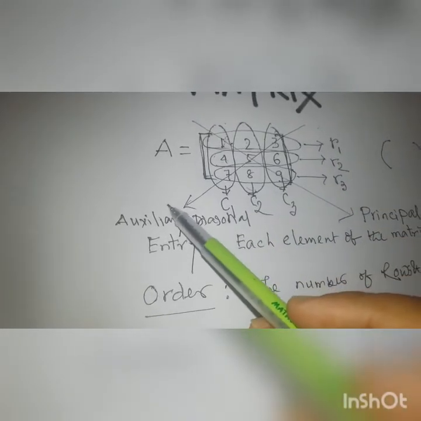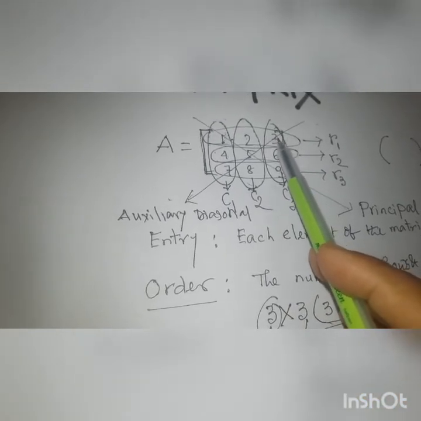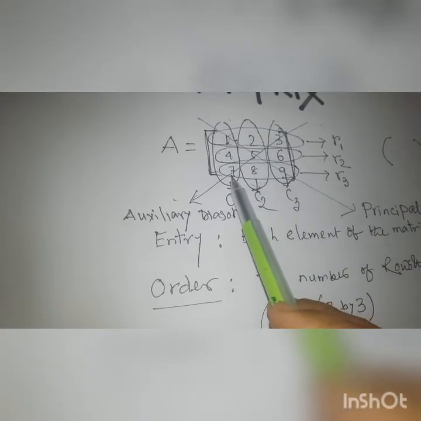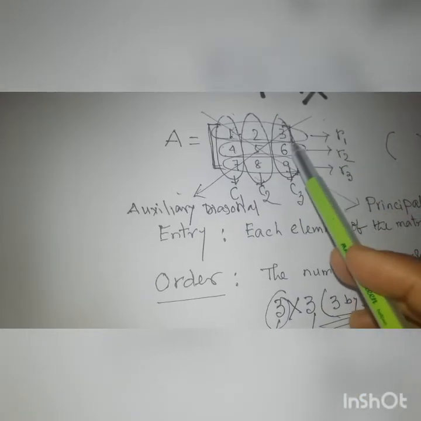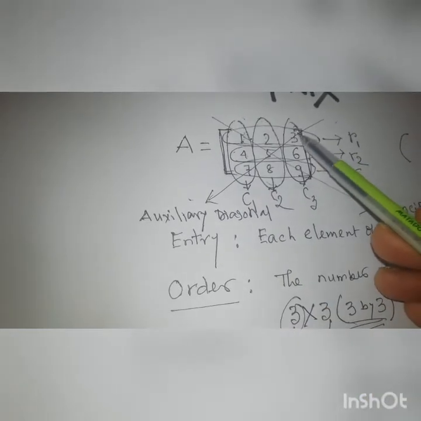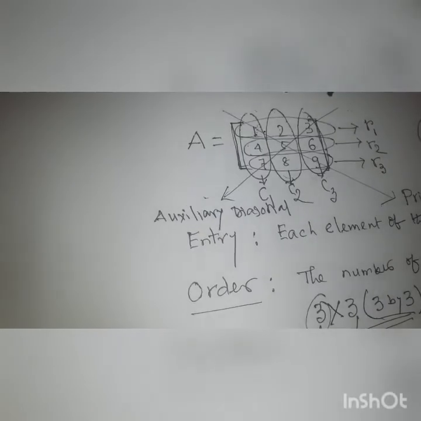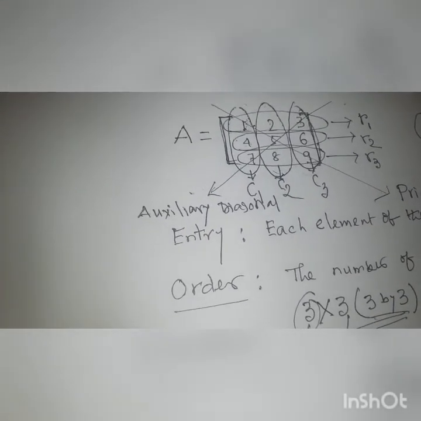The auxiliary diagonal is a diagonal which starts from the last entry of the first row and ends with the first entry of the last row. I think, viewers, you understood what I said.